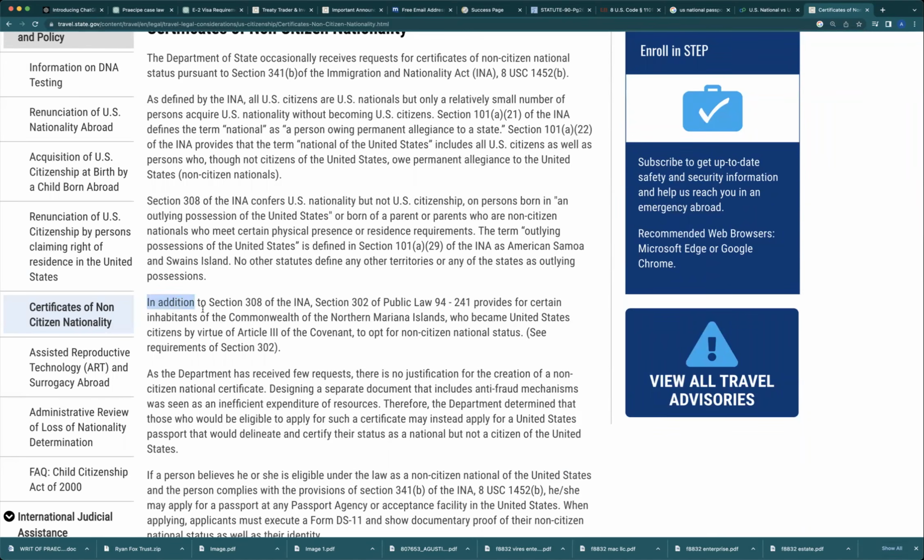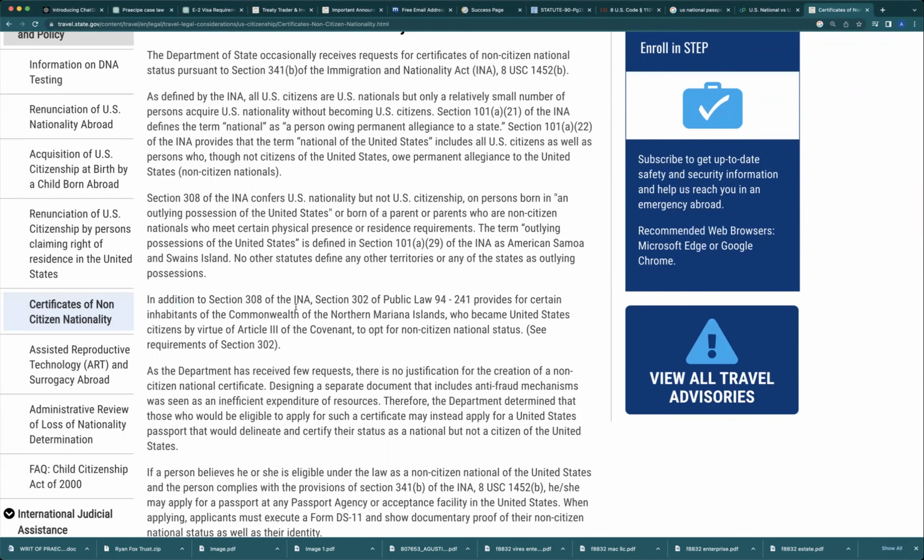In addition to Section 308 of the Immigration Nationality Act, Section 302 of the Public Law 94-241 provides for certain inhabitants of the Commonwealth of the Northern Mariana Islands who became United States citizens by virtue of Article 3 of the Covenant.